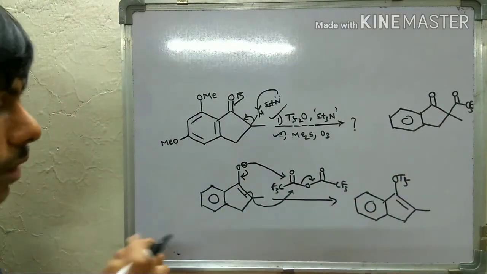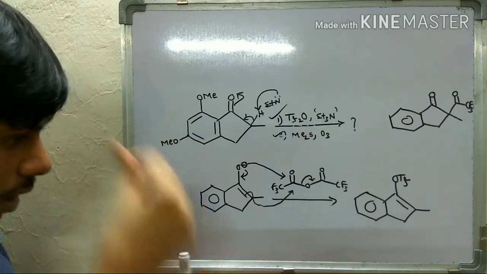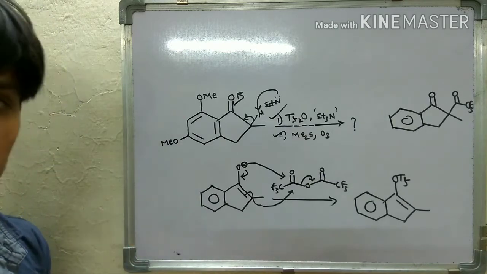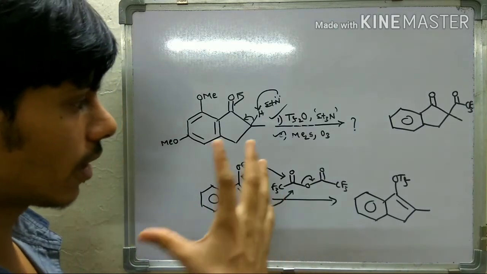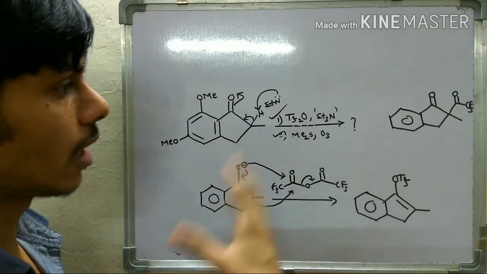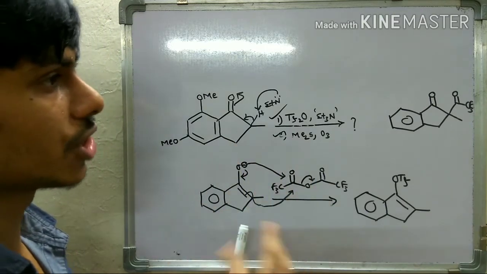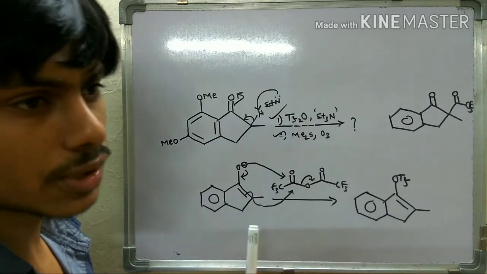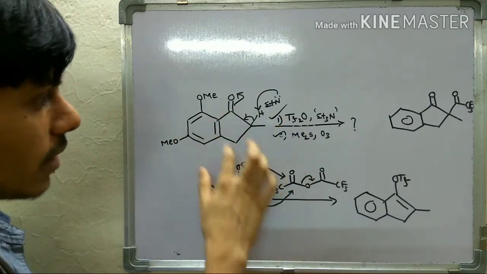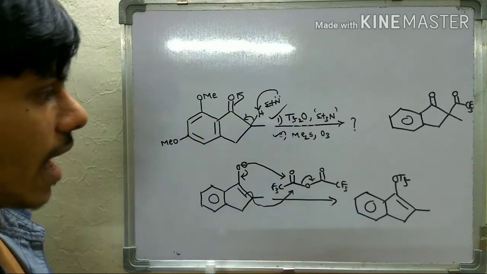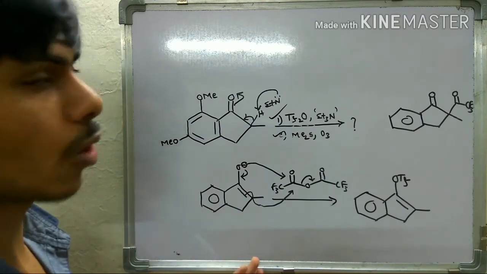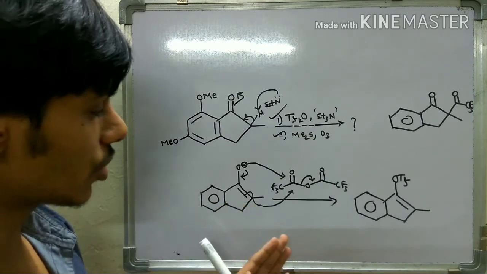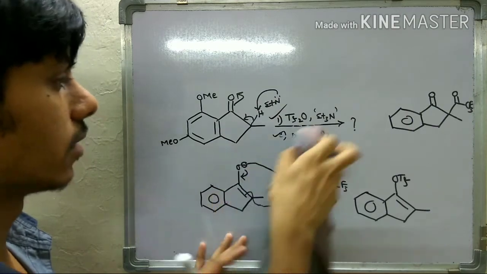Now which will you get? Previously I made a video on C-alkylation versus O-alkylation, but there I told about the solvent effect, that by changing the solvent you can shift the reaction from C-alkylation mode to O-alkylation mode. But in this case it is acylation, and whatever the solvent you are using, acylation is always preferred on oxygen.